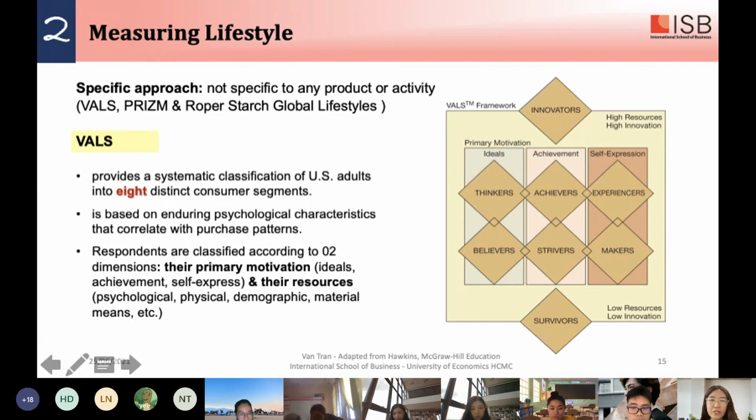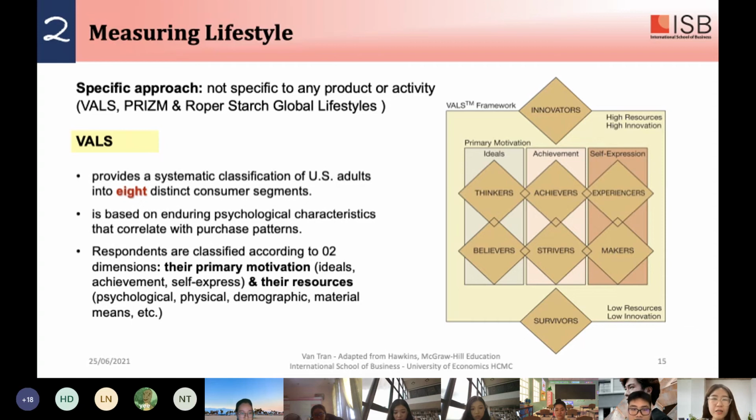This is a framework that I asked you to work on for your homework, and they have the most popular one for the US market, for the US culture, but they also have, I think, more than 10 other versions for other countries or regions in the world.